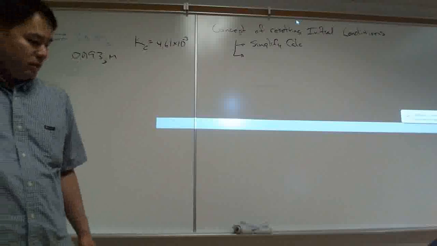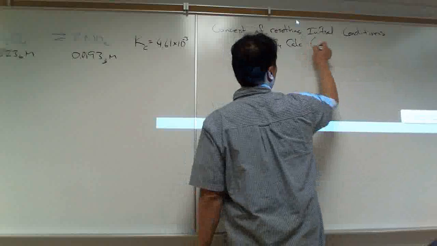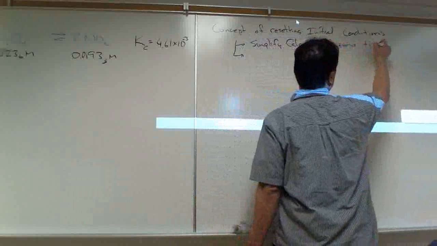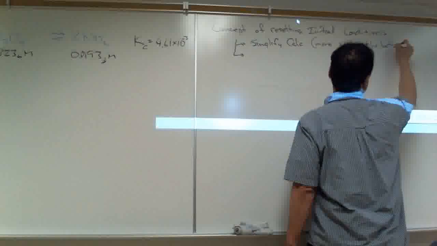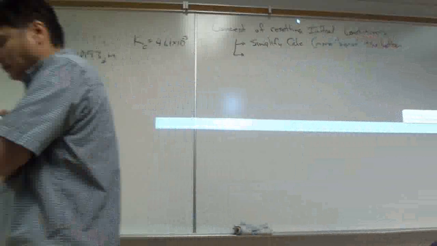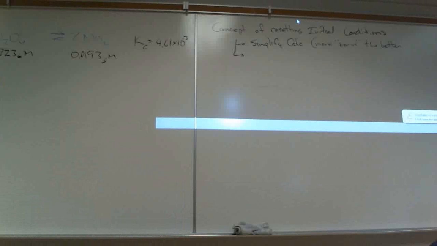The more zeros we have in the initial condition, the better. So that's one reason. The other reason is limitations of the calculator. How many digits does your calculator usually carry? 8 digits or something, 10 digits, 12 digits, 16 digits.